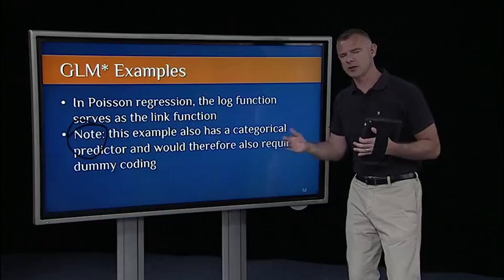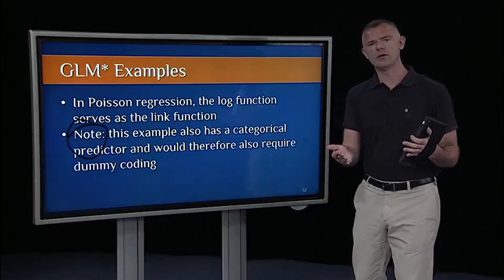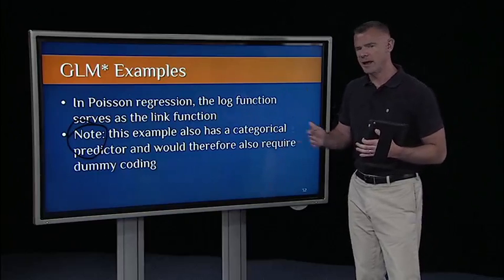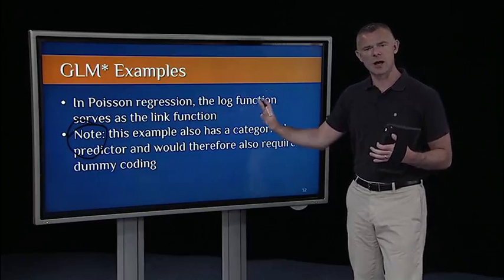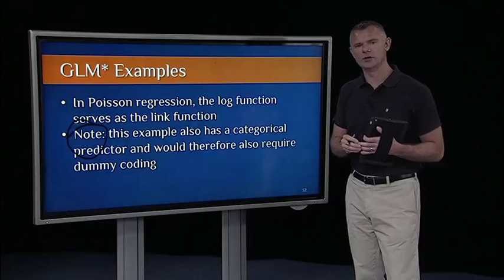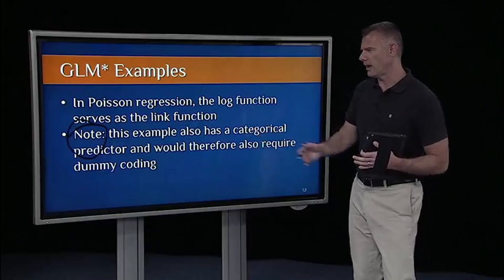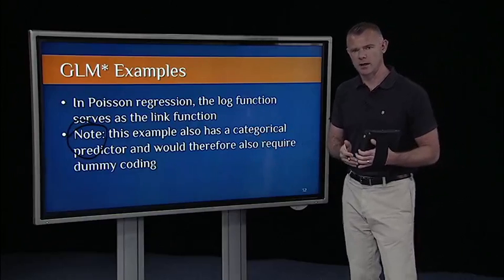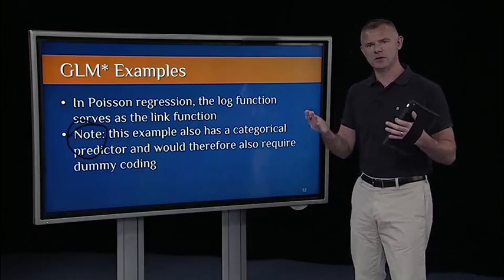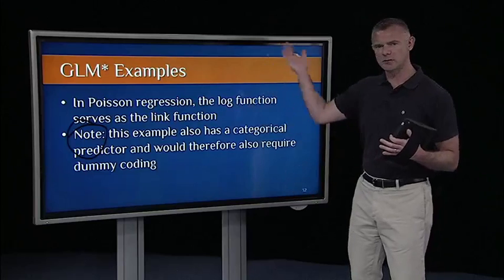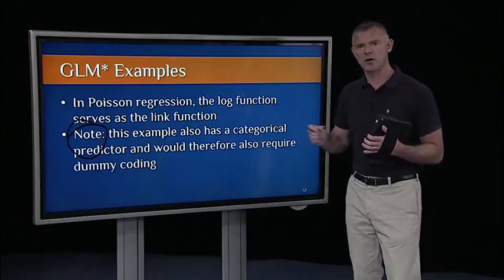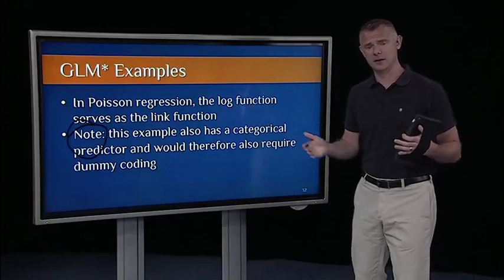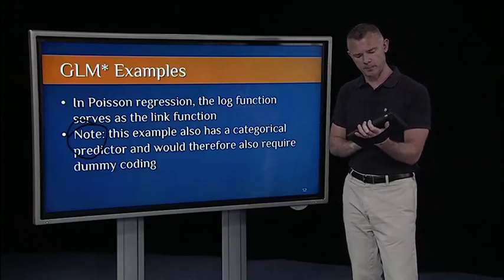All I did in this lecture was present an overview of that so you're aware of it. Here I just wanted to show you a couple of examples, the binomial logistic regression and the Poisson regression. Again, you may encounter different types of examples, but the GLM star mathematical framework will allow you to test those more complex nonlinear regression models.